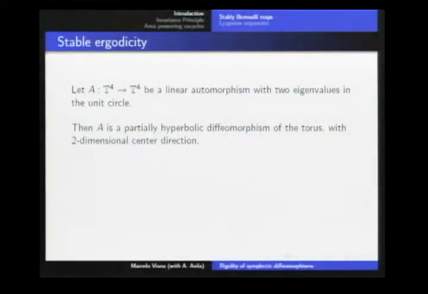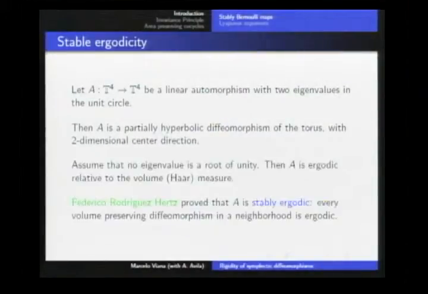So when you see this as a map on the torus, it's a partially hyperbolic map with one-dimensional unstable direction, one-dimensional stable direction corresponding to the two hyperbolic Lyapunov exponents, and then a two-dimensional center direction that is the eigenspace associated to these two eigenvalues.